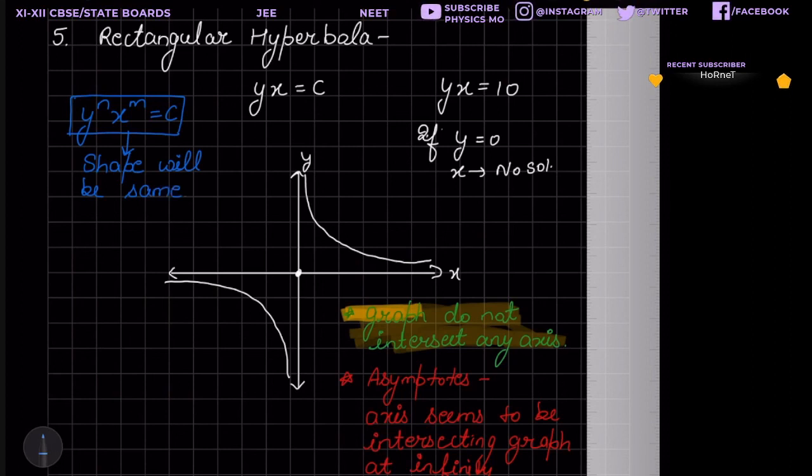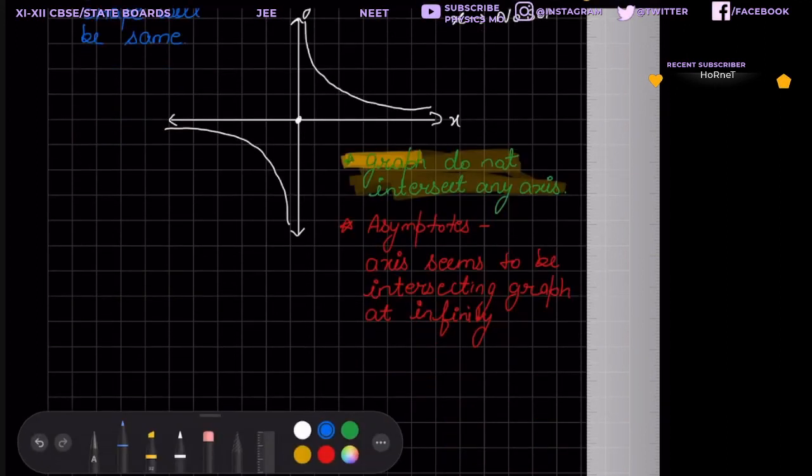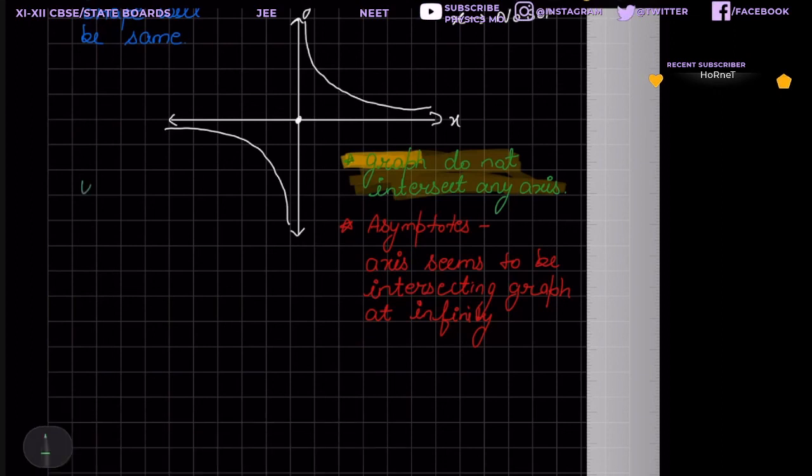And this is because in these cases also, let's consider one case. Let's consider that the value of y square and x cube we have as constant. So in these cases also you can think that if we decrease some value of x, the value of y has to increase to remain this product as constant. इस प्रोडक्ट को कांस्टेंट रखने के लिए y को इंक्रीज होना पड़ेगा if you are decreasing x, and if you are decreasing y तो x को इंक्रीज होना पड़ेगा.